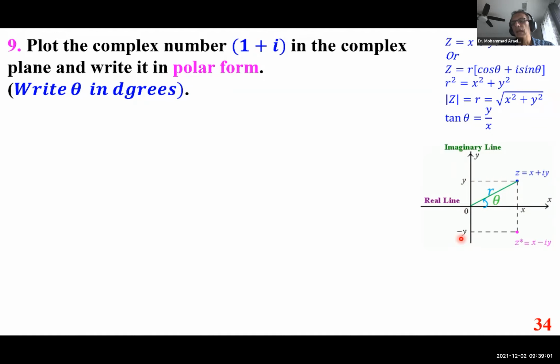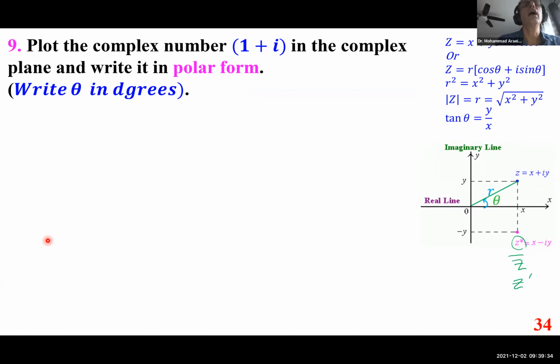And this is z, and this is its complex conjugate, where positive iy changes to negative iy. Sometimes they use z bar, sometimes z star, depending on the text. Sometimes they even use z prime, but z bar is more often used.